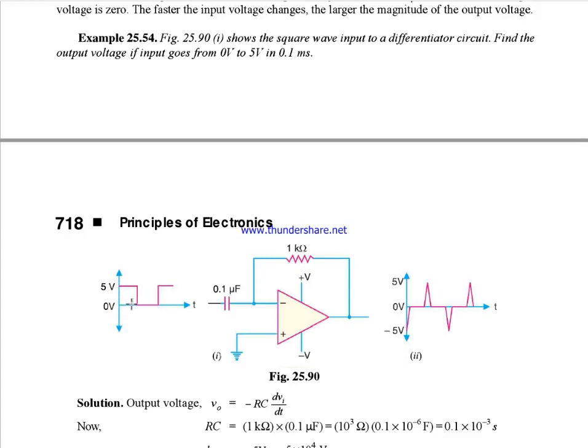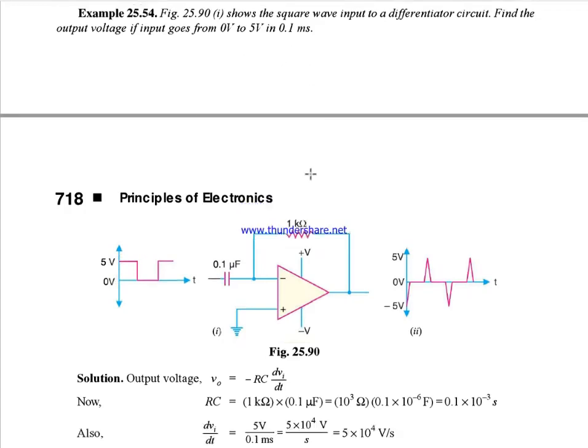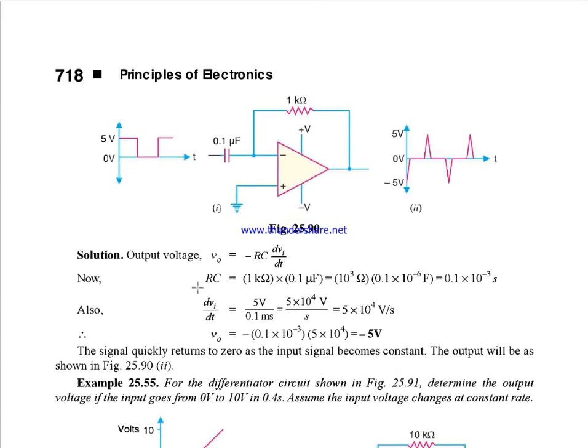Not the time period, the time taken for the change in voltage from 0 to 5 volt is given as 0.1 millisecond. So find the output voltage, and the output voltage for a differentiator is minus RC dVi by dt. The value of RC is given, and dVi by dt is change in voltage by change in time.